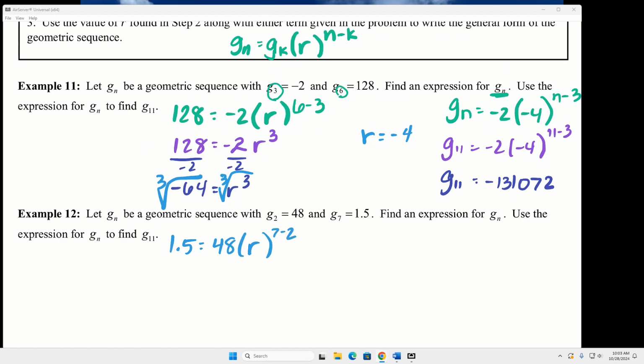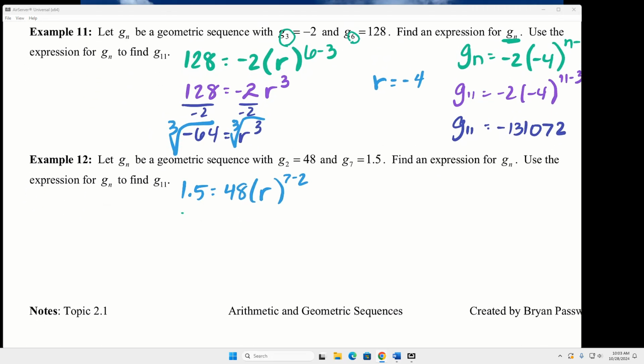All right, now I personally do not like decimals. I know a lot of people don't like fractions. I don't like decimals, so if I'm trying to do this in my head, I would change that to 3 halves. And then to get rid of the 48, I would multiply by the reciprocal of it. Now, I think this one is doable without a calculator personally, but I'm not sure.